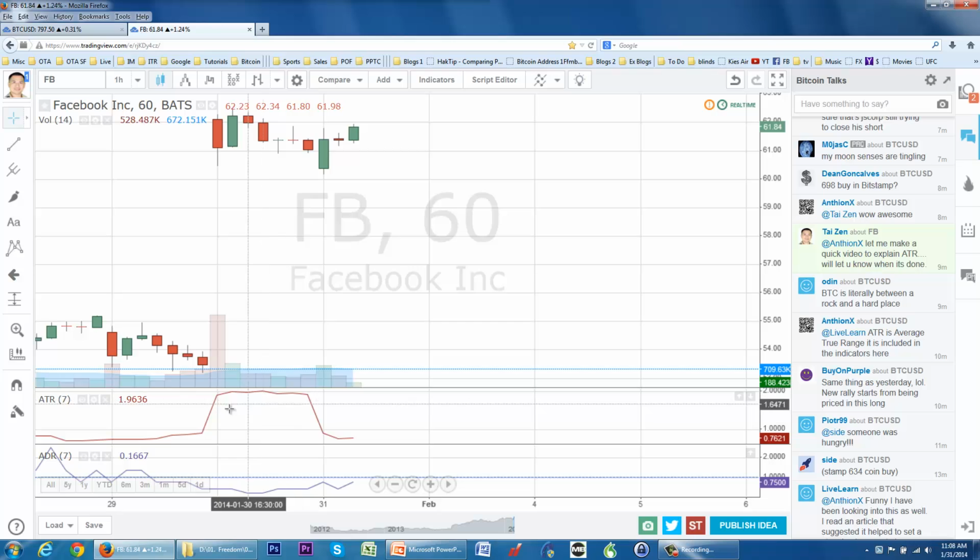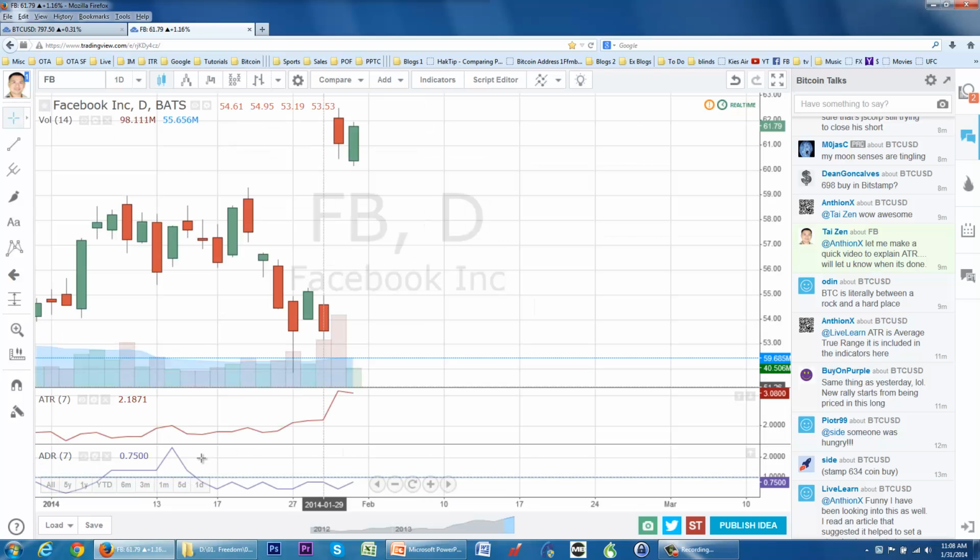And then if you take up here the average true range, if you take the distance that price moved from the high to the low in the last 7 candles and divide it by 7, you will get a 76-cent range. So it's not that far off. But when we change it to the daily range, you'll notice on the daily candles here there's a significant difference in price.